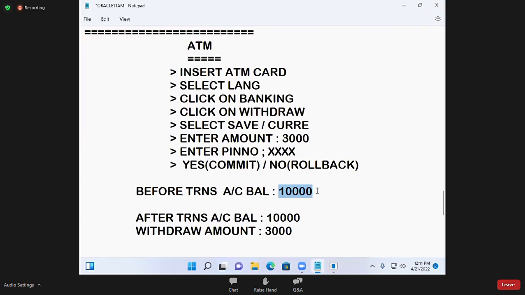But so many customers get tension. Why is it still 10,000 only after depositing 5,000? Even educated people get tension, and we are also sometimes tense. Technically, if it is not immediately updated, it means the banking people have not committed your transaction. Committed means successful and permanent, but they have not done it yet. That is still pending. Understand now? So don't take tension.